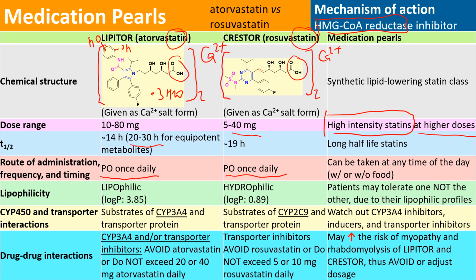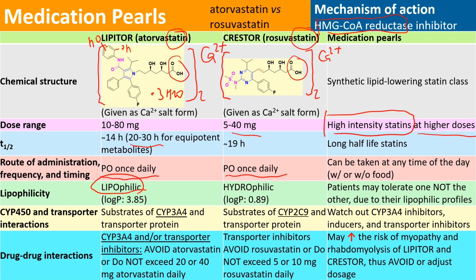Lipophilicity: atorvastatin is more lipophilic, with a higher log P of 3.85. Rosuvastatin is more hydrophilic, with a lower log P of 0.89.